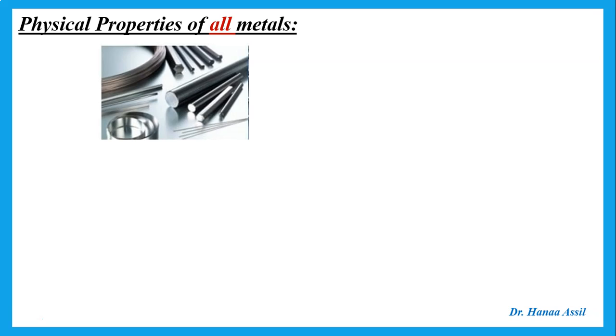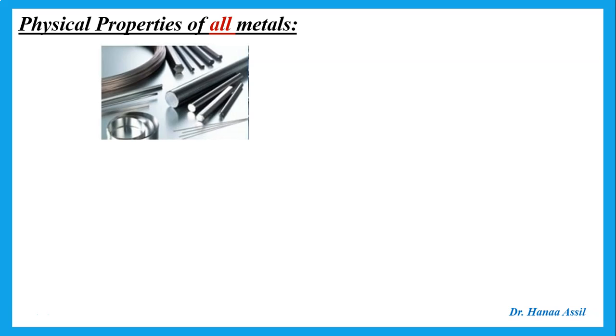So if he asks for physical properties of all metals, what are the physical properties of all metals? Please remember, all metals, don't say they are hard, because some metals are soft. Don't say they have high melting points. Some of them are actually, we have a liquid metal at room temperature.